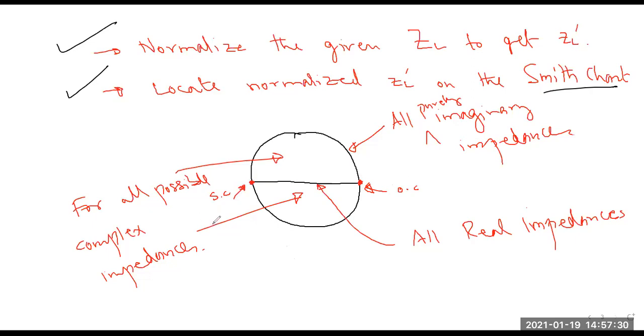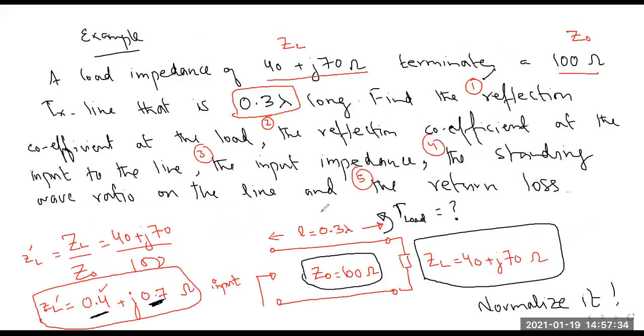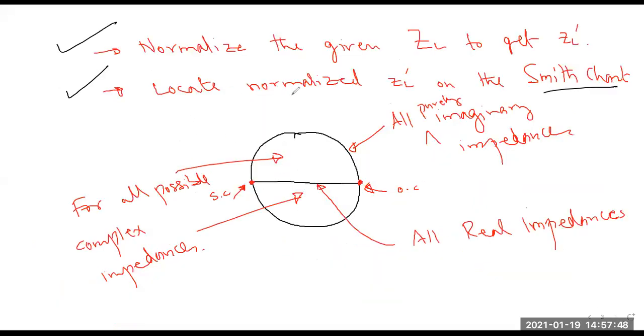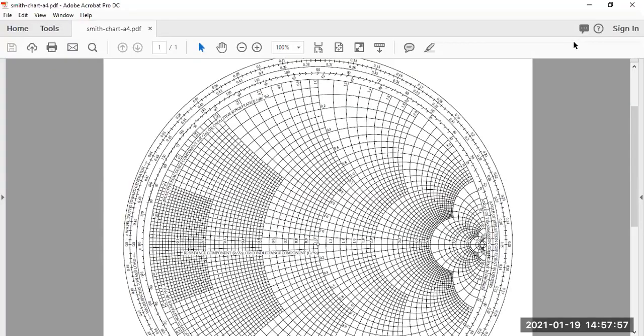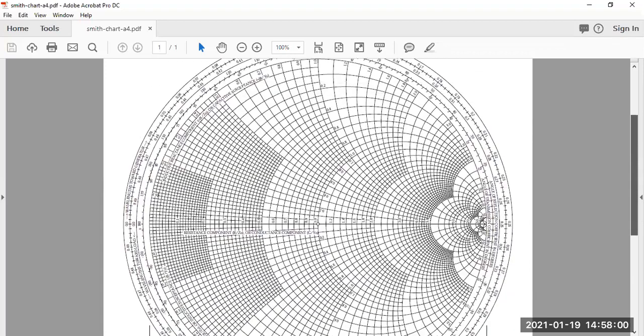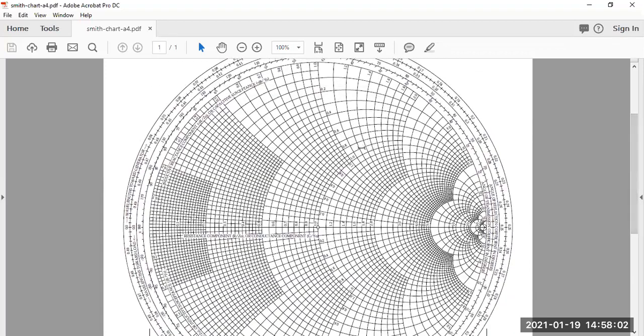So with this information, let me come back to the example that we are trying to solve with the help of Smith chart. So the first unknown that I'm looking for is to find out the reflection coefficient at the load. So how to find this parameter with the help of Smith chart? So after locating the normalized load impedance, what we are going to do now is, every time I open Smith chart, everything gets deleted.